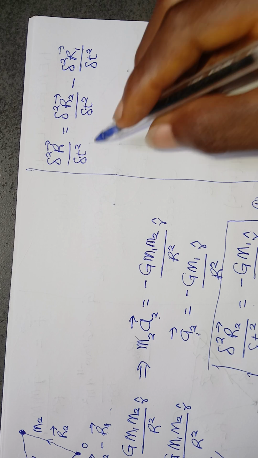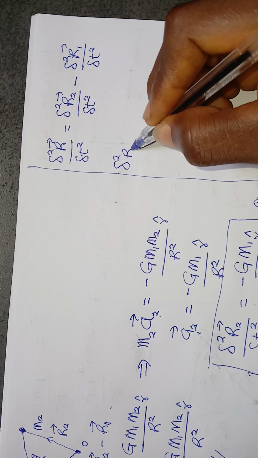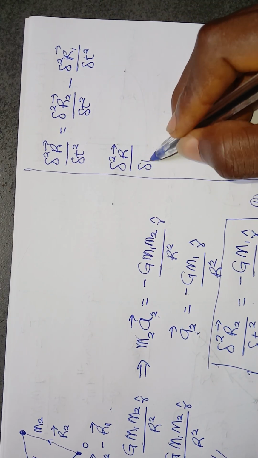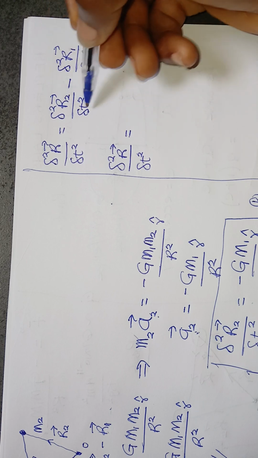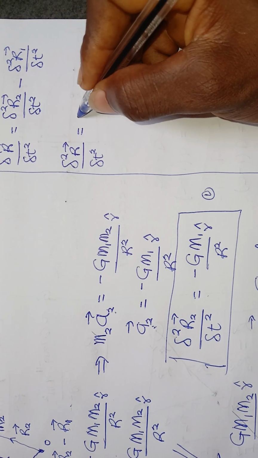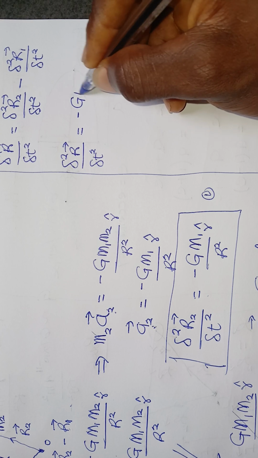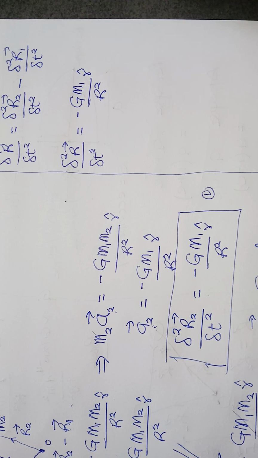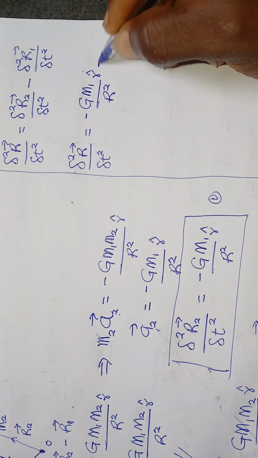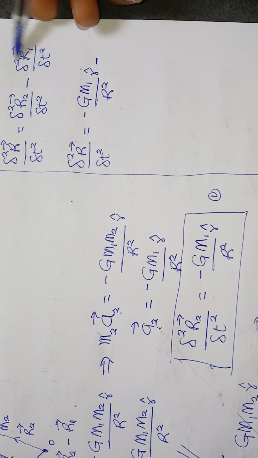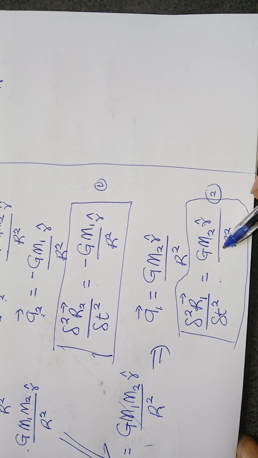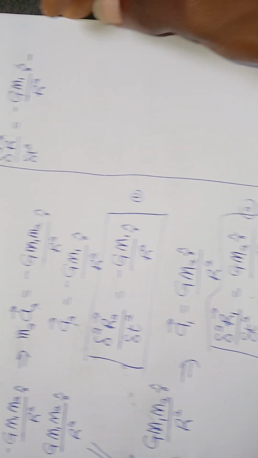So then we can write that the second derivative of the position vector going from mass 1 to mass 2, with respect to time squared, would be equal to, now we know this quantity, we write that as negative G m1 divided by capital R squared in the direction r roof, minus, then we have d squared r1 dt squared, which is also G m2 r roof over r squared.